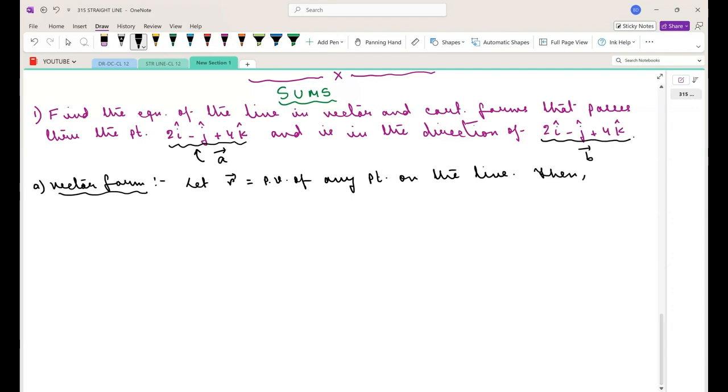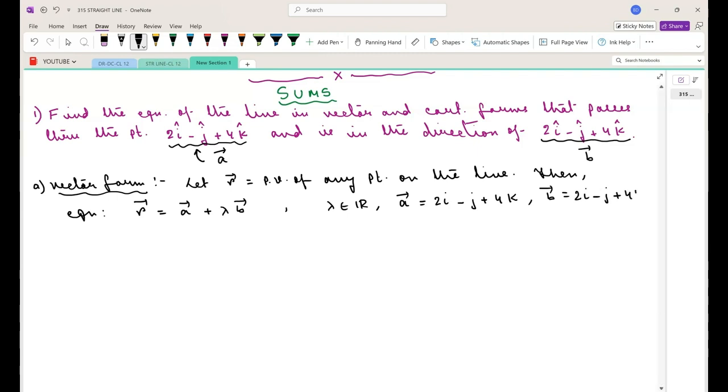Then the equation of the line is r equal to a plus lambda b, where lambda is a real number, my a is 2i minus j plus 4k. Okay, I'm not going to put caps on the i, j, k's every time. That slows me down. But you do put it in the exams, because otherwise marks are deducted. Okay, and the vector b is 2i minus j plus 4k. So we simply put it in the equation.